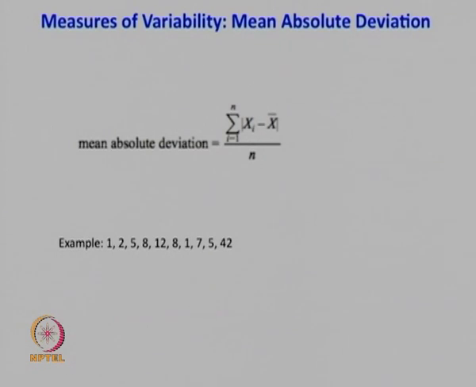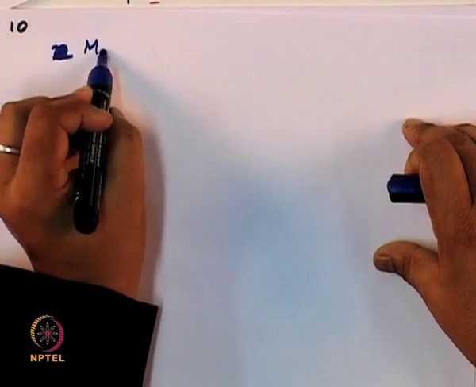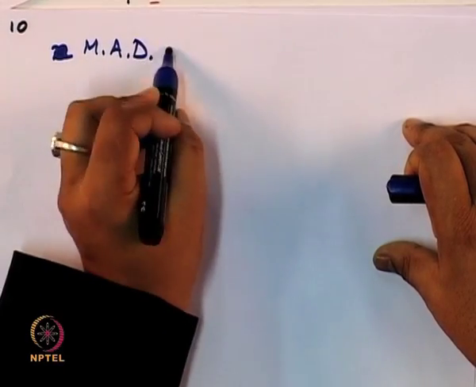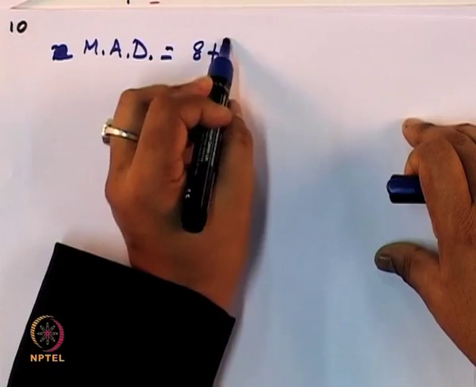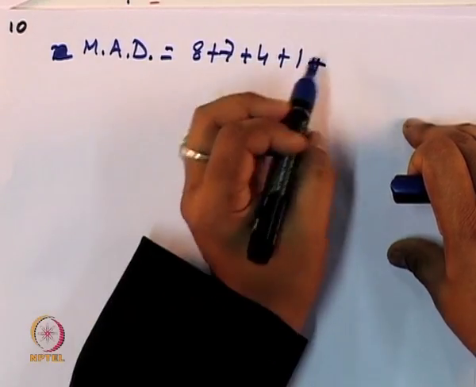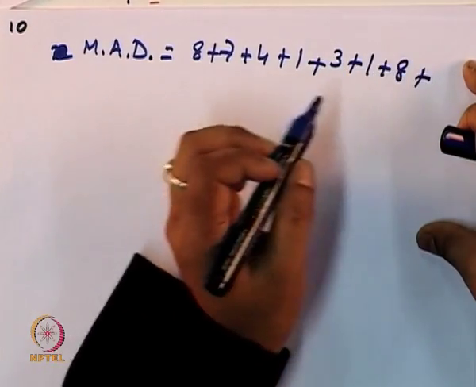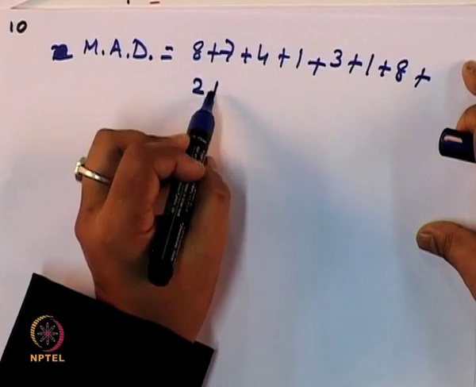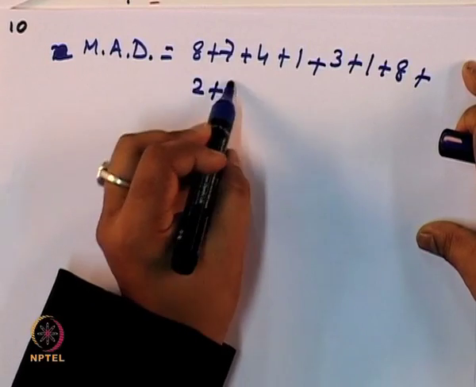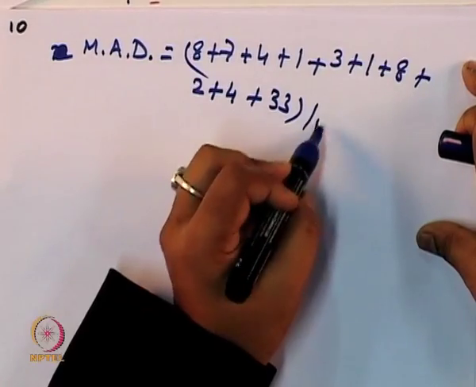I can calculate this exact value. The mean absolute deviation is equal to (8 plus 7 plus 4 plus 1 plus 3 plus 1 plus 8 plus 2 plus 4 plus 33) divided by 10.